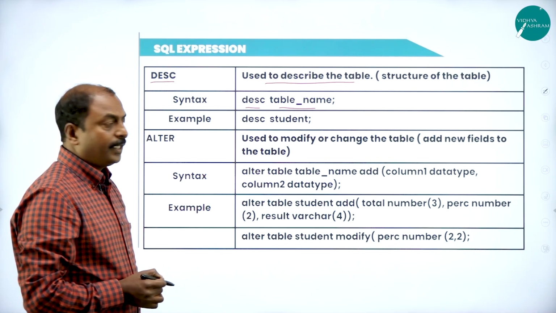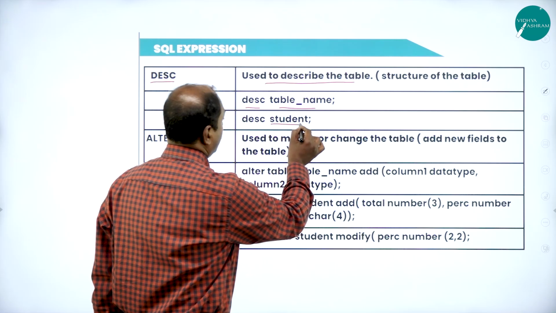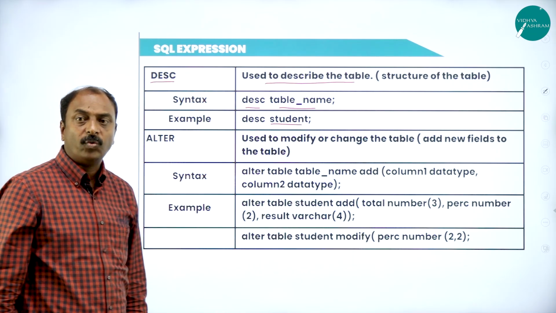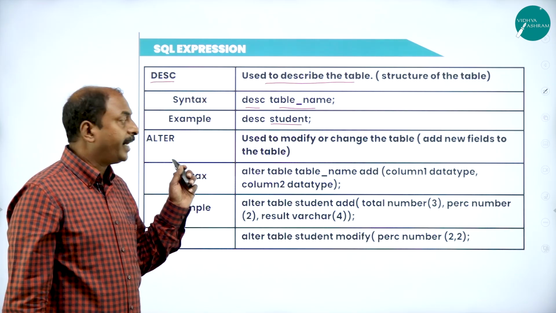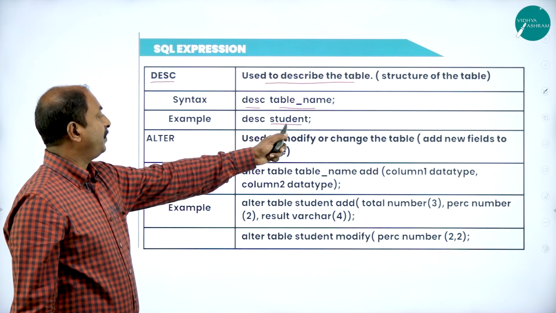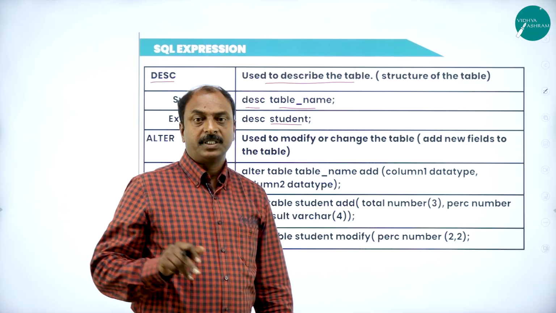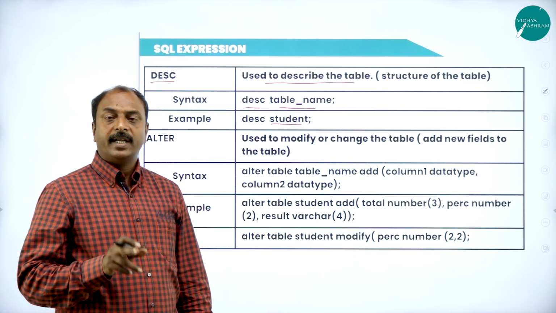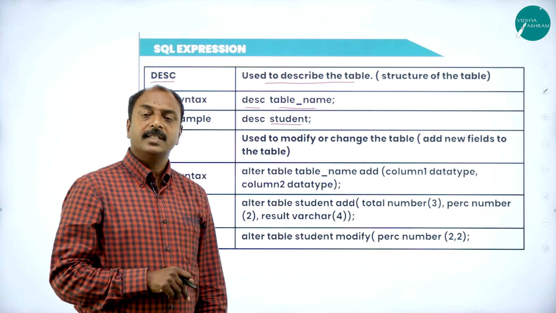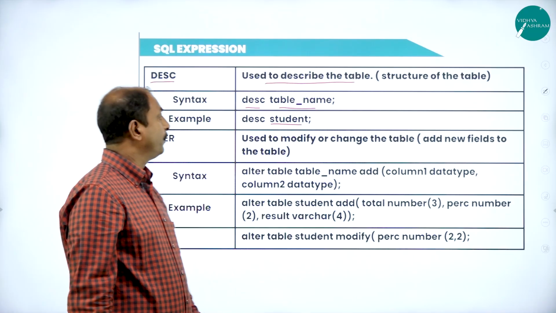And the example, DESC space student. Student is the table name that you created in our previous slide. As soon as you execute this command, it is going to display the table structure with the number of columns along with the data type and the size of the attribute.